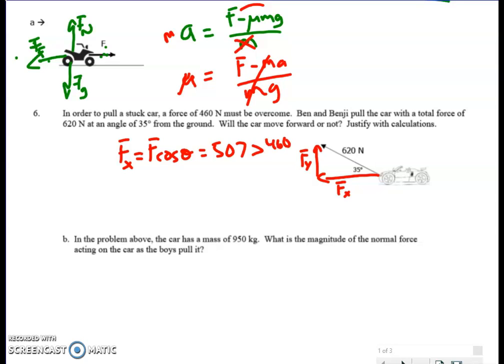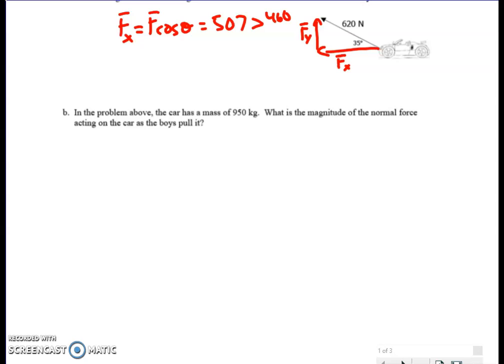On the next problem, what's the normal force? You can't just say it's equal to the weight because there is an upward tension right here. So if I look at the forces here, there's a normal force, there is mg. So I could say that Fy plus Fn, those are the two upward forces, I'm going to add them, have to equal the weight because it's balanced that way.